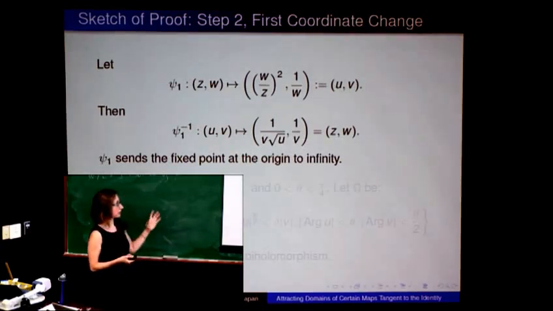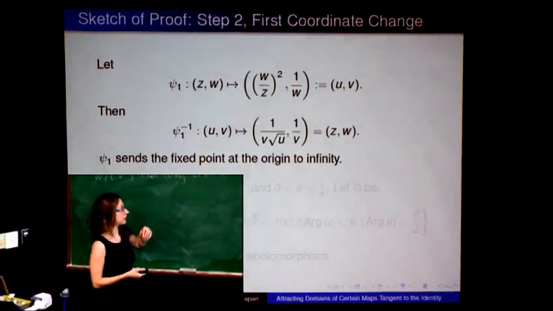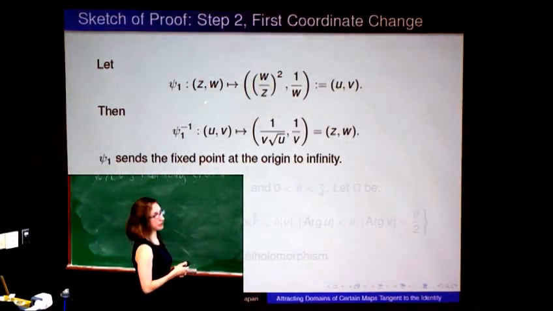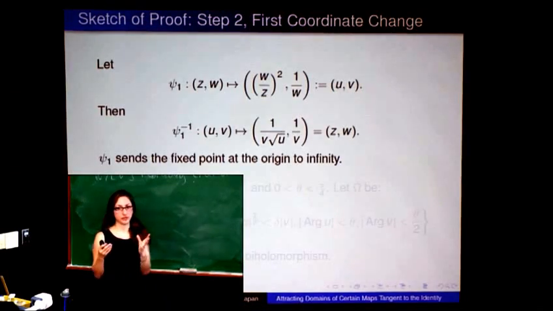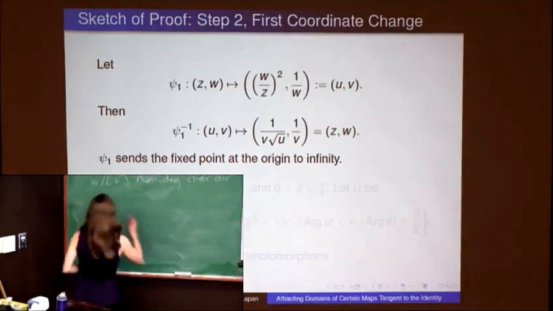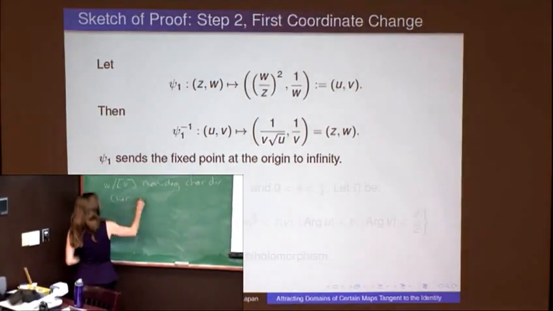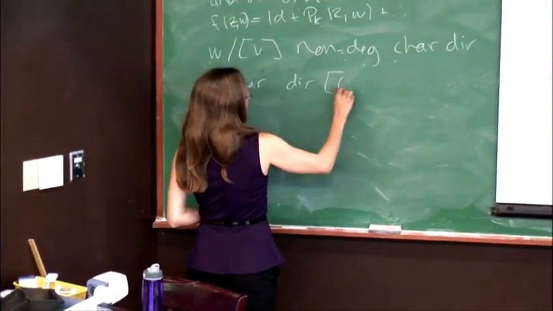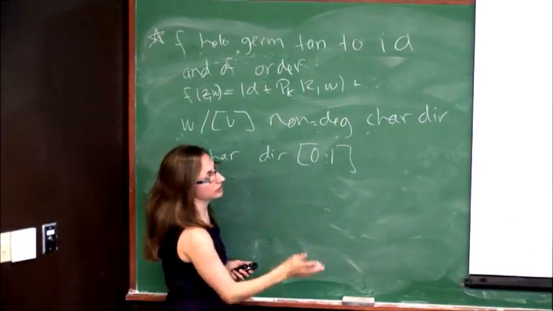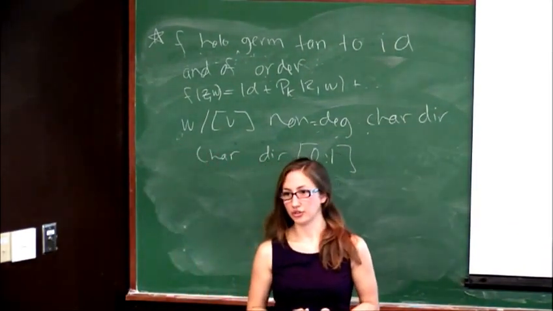It's not defined everywhere, but we're going to restrict the domain so it's defined. And psi 1 is sending the point (0, 0) to infinity, since the characteristic direction was (0, 1). So w over z is going to infinity, and 1 over w goes to infinity.